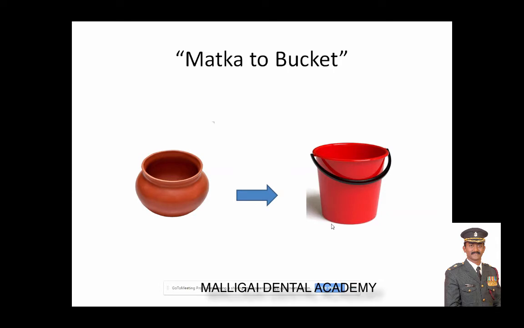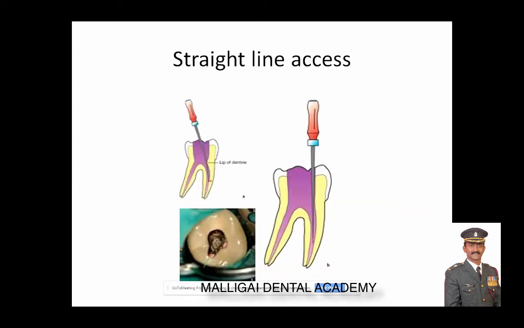Applying this principle to a tooth, what do I get? Simply said, what I get is a straight line axis. A straight line axis for rotary endodontics is extremely important to avoid instrument separations or breakages right at the orifice level or the coronal to middle third level.